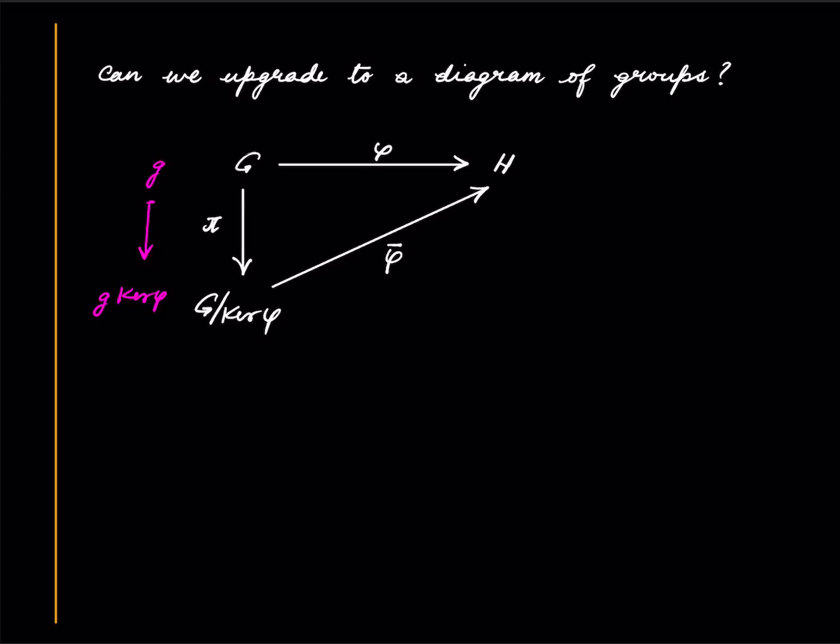So the answer to that question is not very complicated. If at all there is a group structure here such that pi is a group homomorphism, then what we must have is pi of g1 g2 equals pi g1 star pi g2, where star is the binary operation on G mod kernel phi.